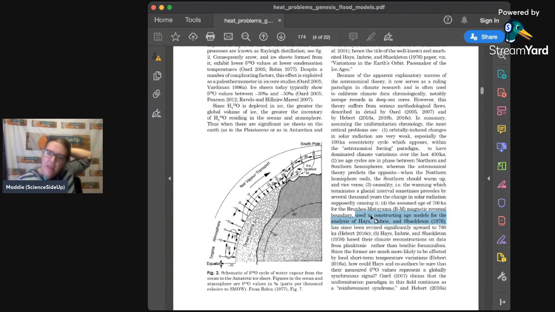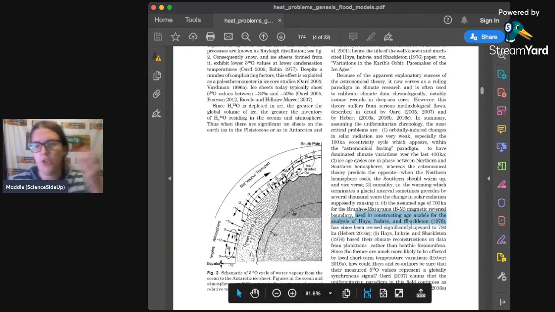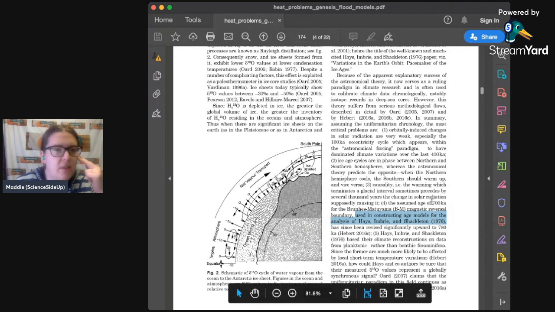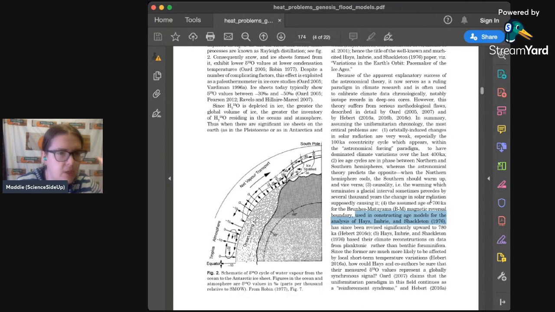I don't know how they used it in their paper. Should we just go to this Hayes, Embry, and Shackleton paper? But by the way, this is like 700,000 years back up to like a million years, right? I'm trying to think of what magnetic field reversal has to do with an ice age.